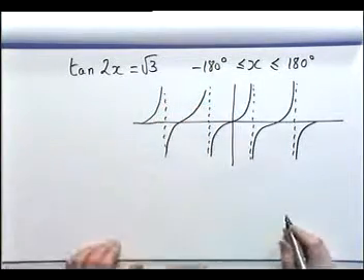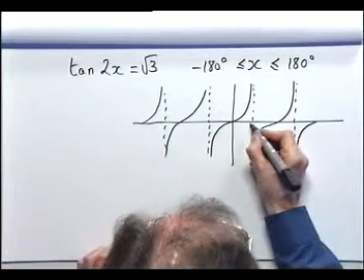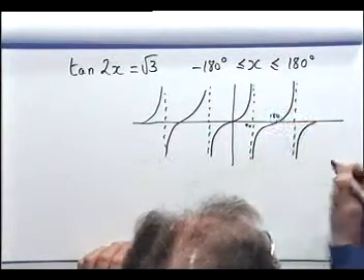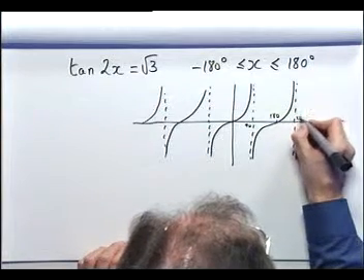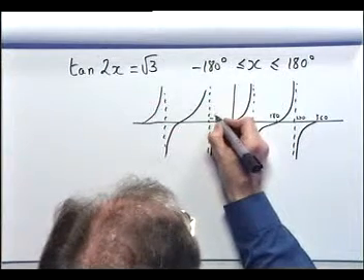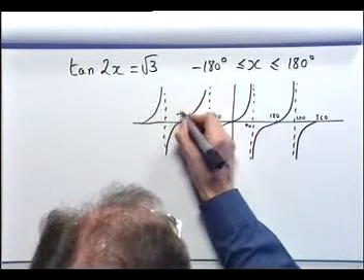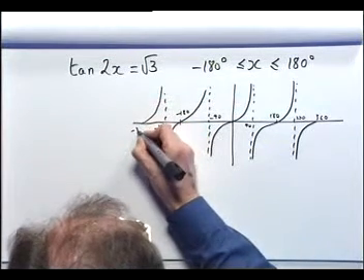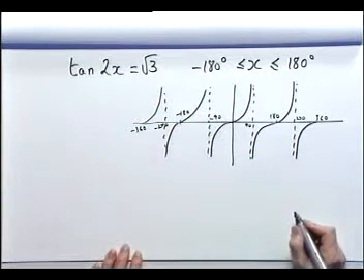And we need that. And let's mark off this axis so we know where we are. This is 90, 180, 270, and 360. So this must be minus 90, minus 180, minus 270, and minus 360.